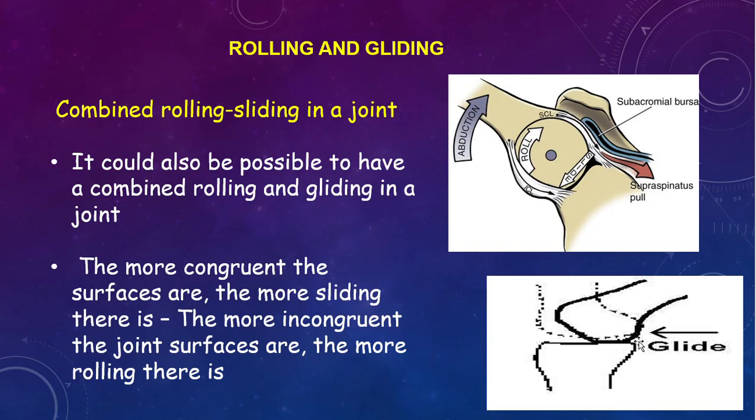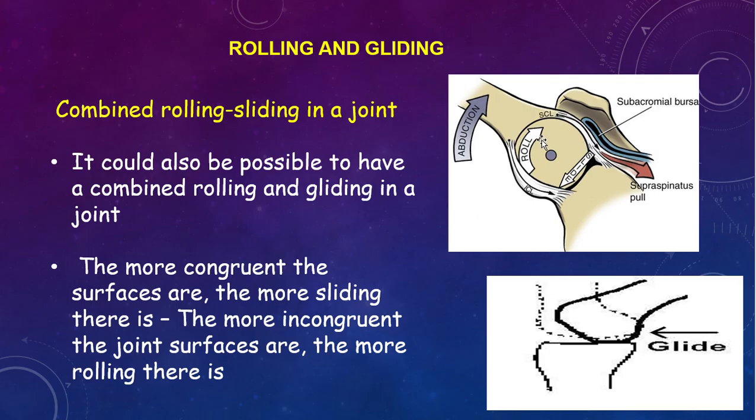The femoral condyle is shaped convex, and the tibial condyle is concave. They are a perfect match, just like feet. They are congruent. So gliding will be the large movement there, and rolling could be just a very small component.